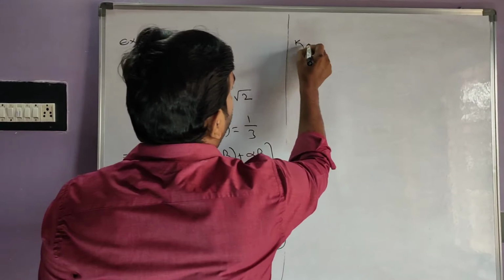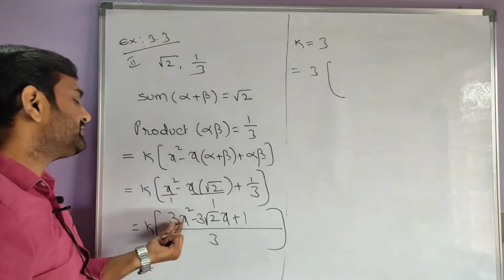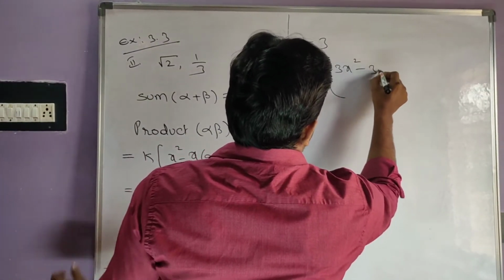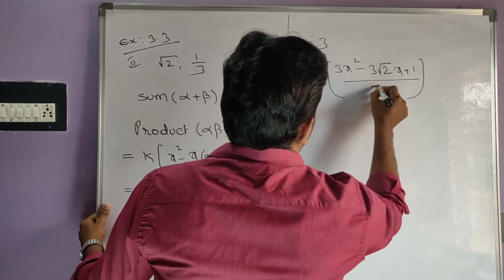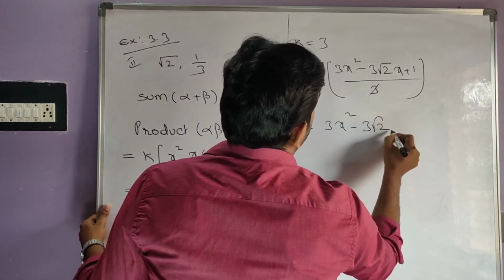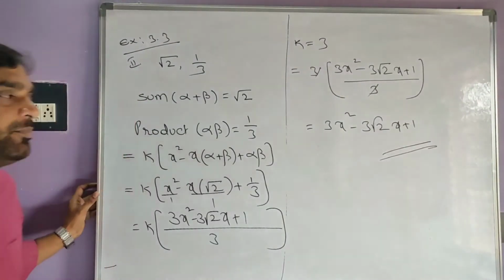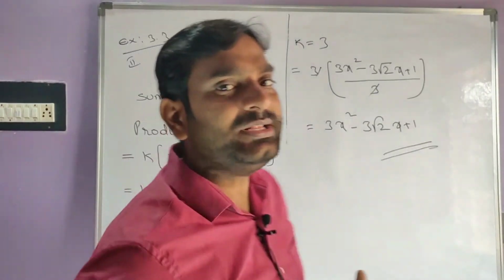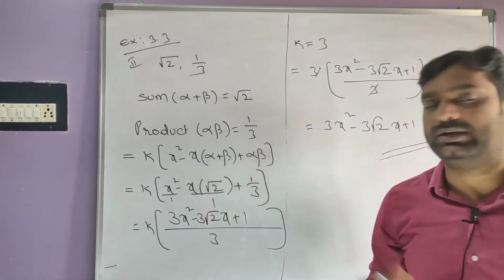If k value is 3, then 3 into 3x square minus 3 root 2 x plus 1 by 3. The 3 cancels, then the remaining quadratic polynomial is 3x square minus 3 root 2 x plus 1. Okay, this is the process. Is that clear? If you are given sum and product, write down the formula and apply it.